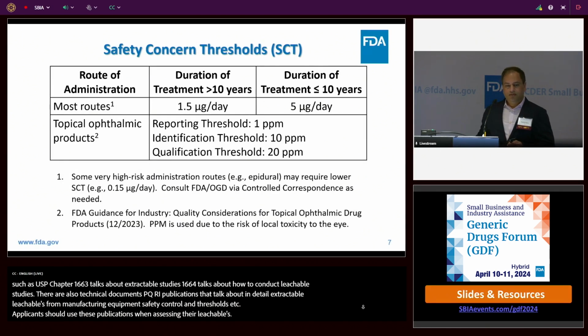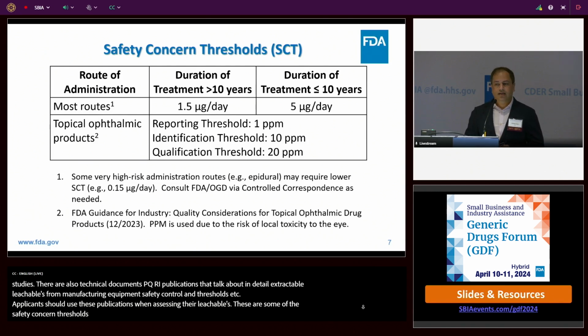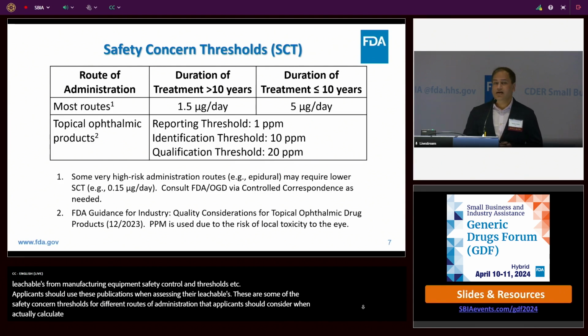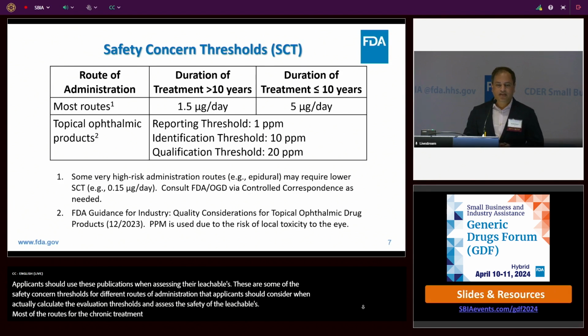These are some of the safety concern thresholds for different routes of administration that applicants should consider when they calculate analytical evaluation thresholds and assess the safety of the leachables. For most routes for chronic treatment, the safety concern threshold is typically 1.5 micrograms per day. For the non-chronic ones, it's 5 micrograms per day.